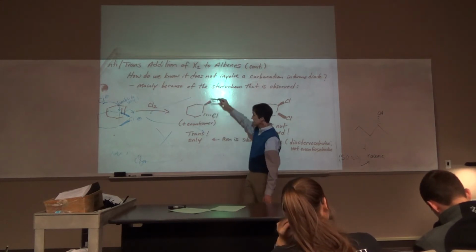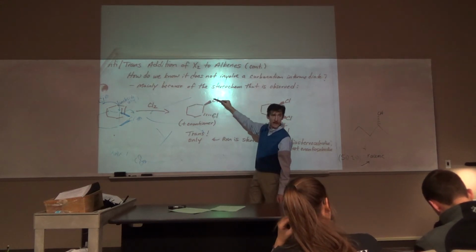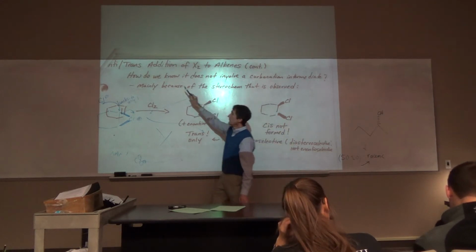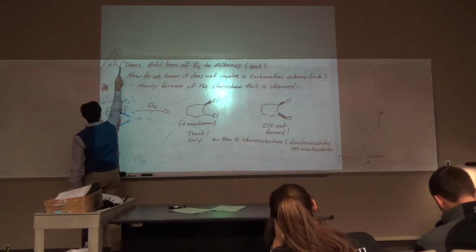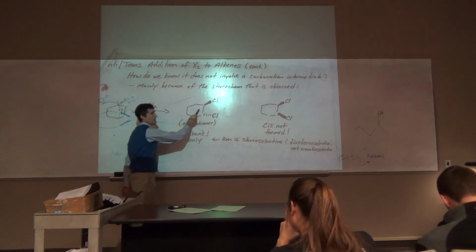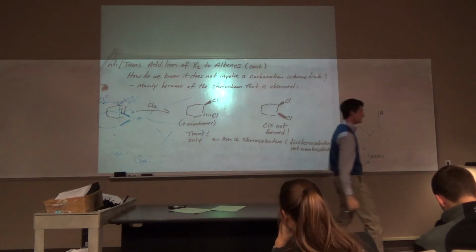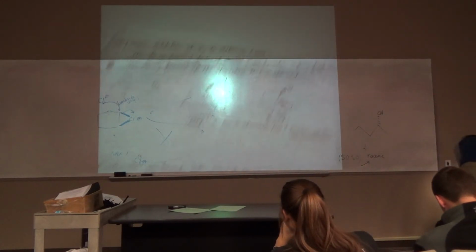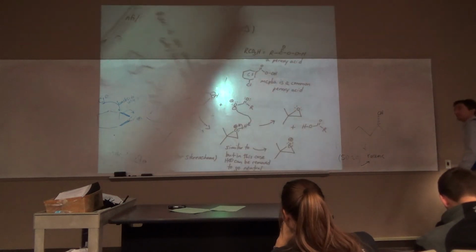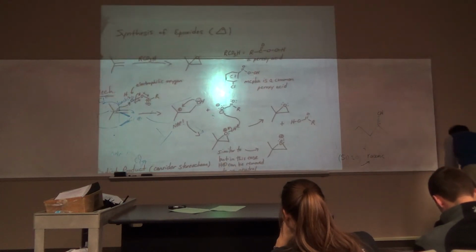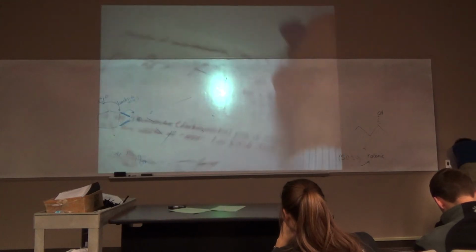Or you can call it trans. Trans addition of the halogens across the pi bond. That's why we said anti or trans addition of X2 to alkene. Not cis.